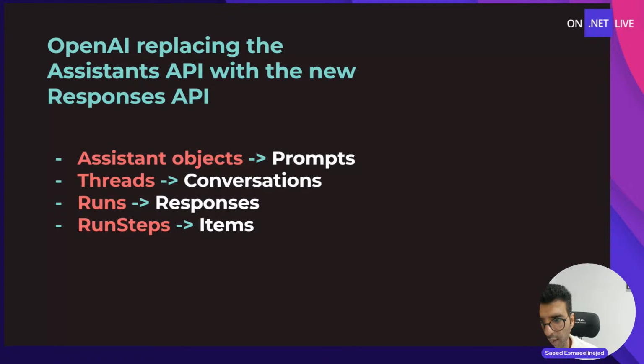For the assistant, they are using file search, code interpreter, and function calling. But in the responses, there are more options, such as MCP tools, computer use, and other features. Although you can do all of them with custom function calling, when it comes out of the box, it will be more reliable to use.